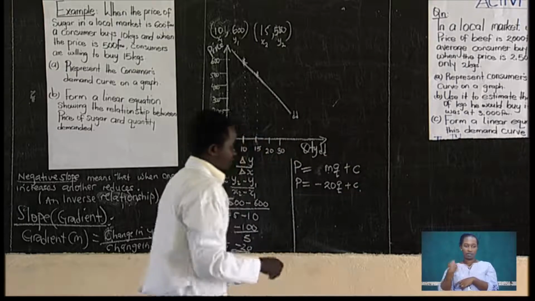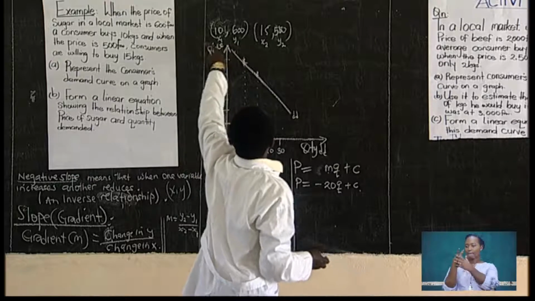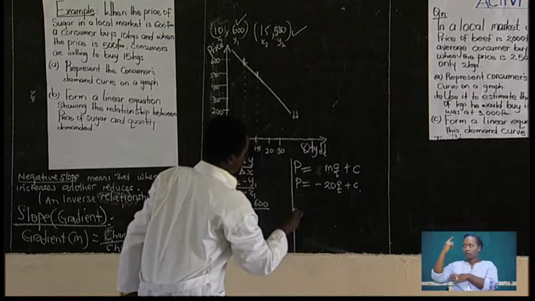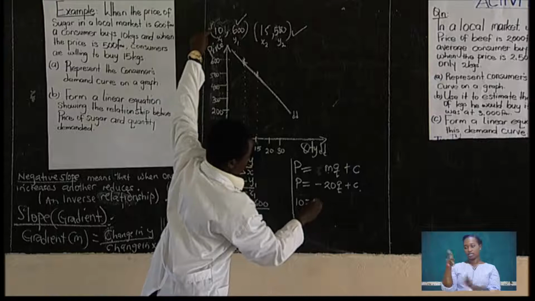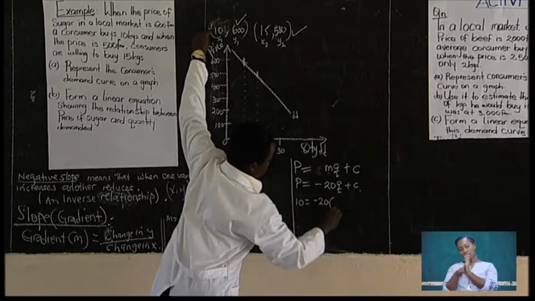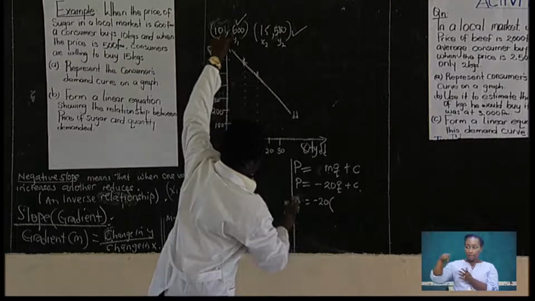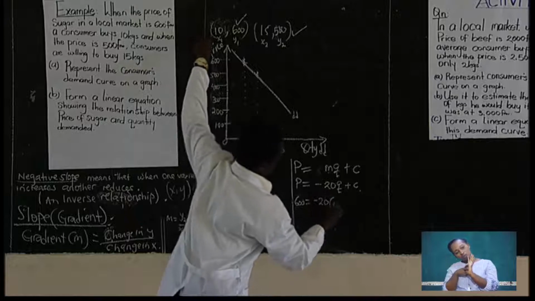But we can look for this C. How can we look for it? You can get any pair here. You can use either this or this. You choose one. For example, if we choose this, when price was 600, quantity demanded was 10.